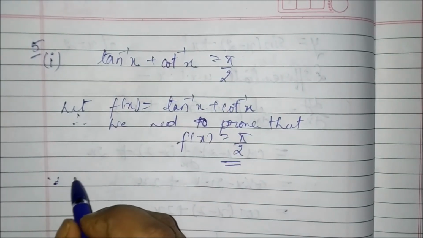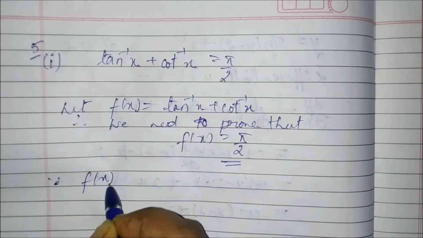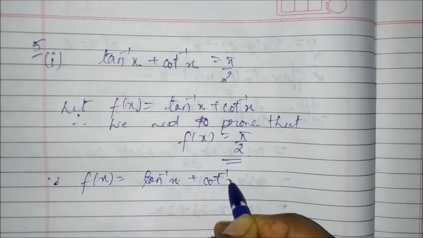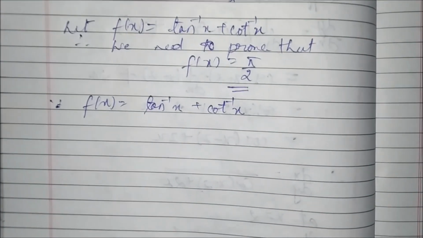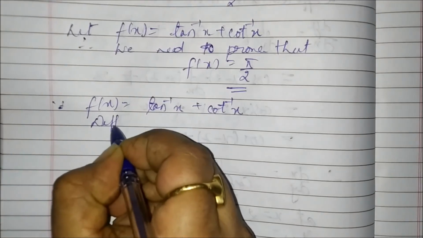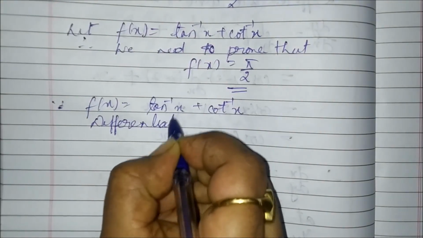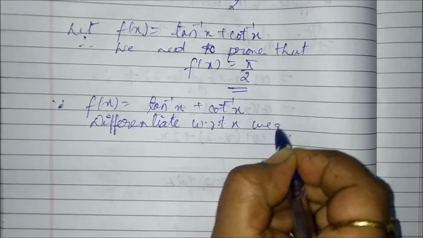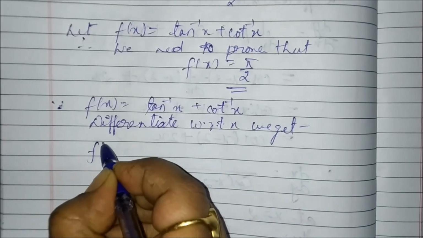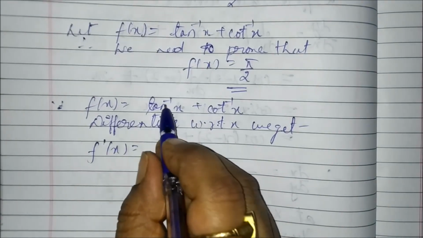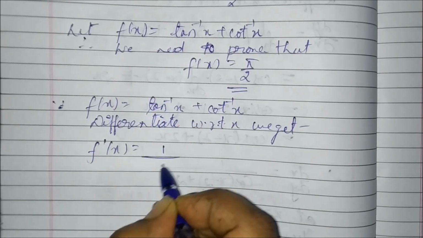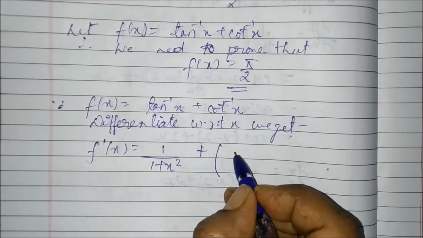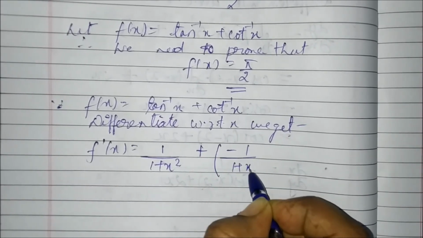Now, by the method of derivative, since f(x) equals tan inverse x plus cot inverse x, this is our function, we have to differentiate with respect to x. We get f'(x) is equal to the derivative of tan inverse x, which is 1 upon 1 plus x², plus the derivative of cot inverse x, which is minus 1 upon 1 plus x².